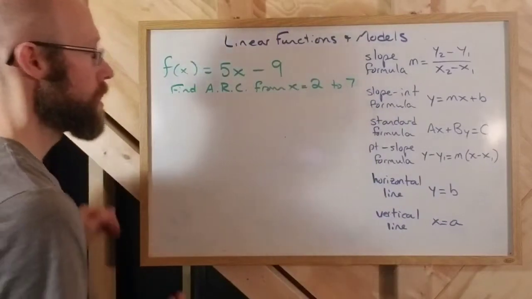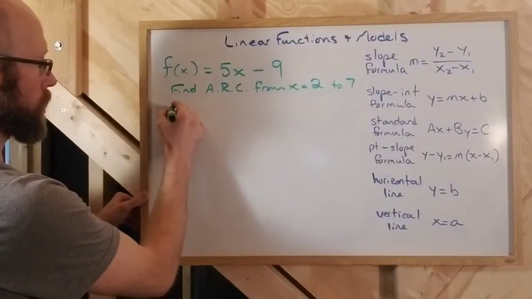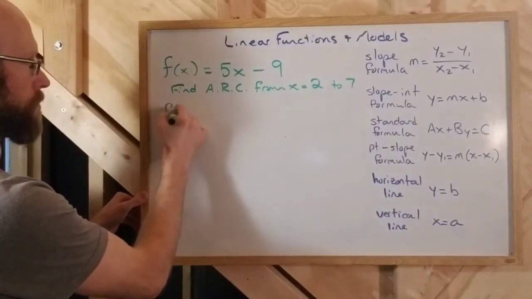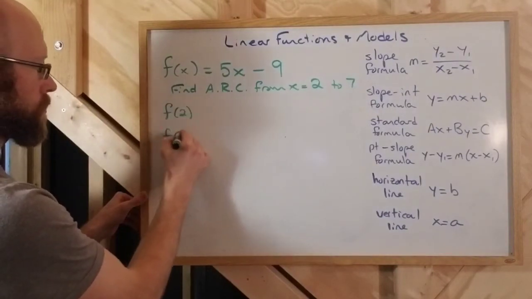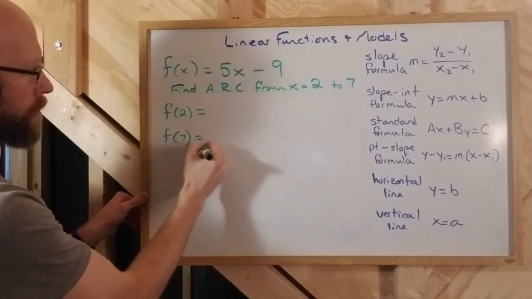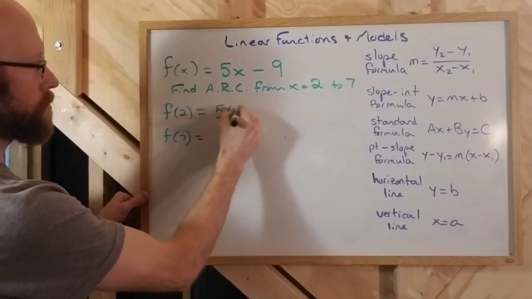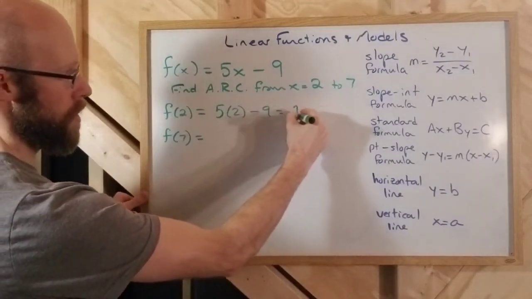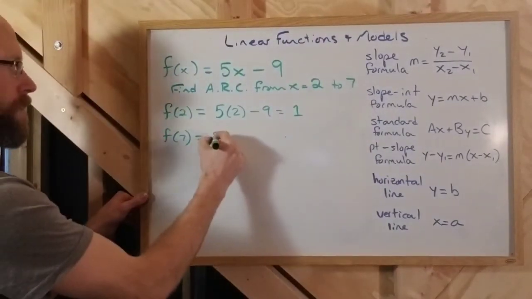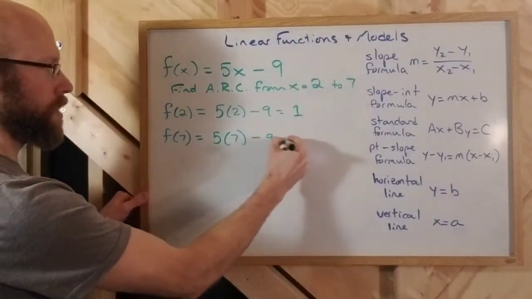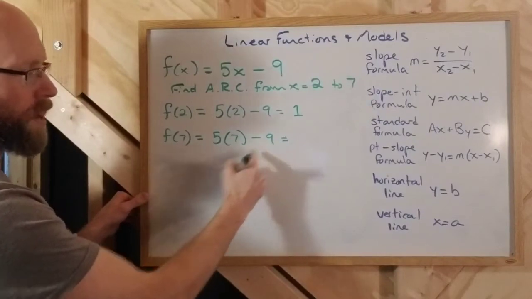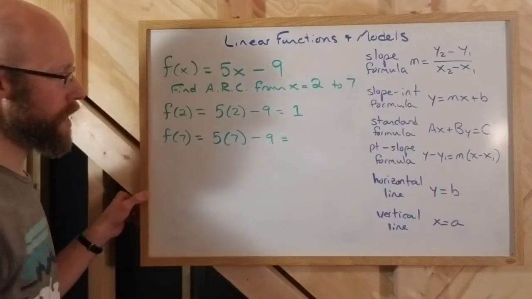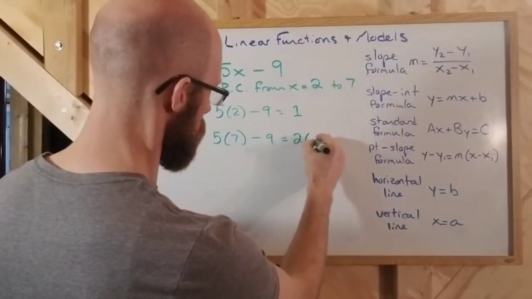What we need is f of 2 and f of 7. When I plug them in, I get 5 times 2 minus 9, which is 10 minus 9, which is 1. And 5 times 7 minus 9 is 35 minus 9, which is 26.